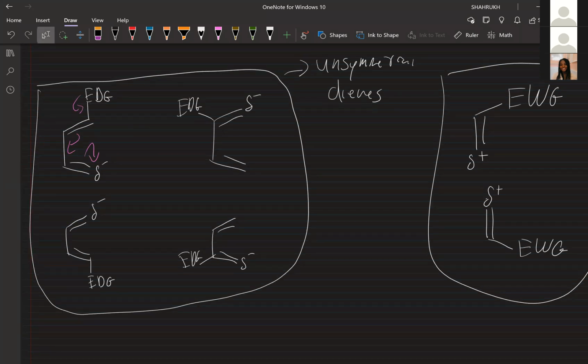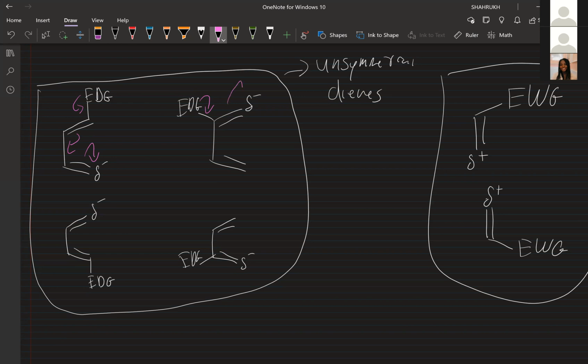Same thing happens if it's on the opposite side. When the electron donating groups, and we'll get to this in examples, are on the terminal positions of a diene, the opposite carbon is going to be more electron rich, so you could note it as partially negative. Now, when you have an internal electron donating group, let's say this had a pair of electrons and donated here, then it's going to push the electrons.